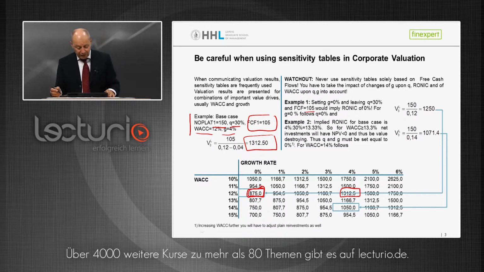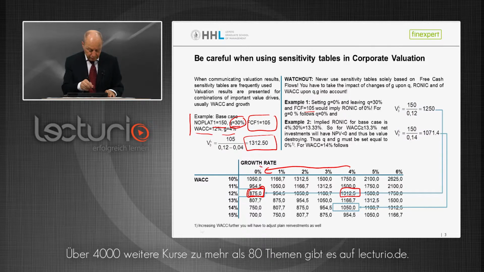Why? It does not take into account that if we reduce our growth rate from 4% down to 0%, that means that we still retain 30% of our earnings. From 150, 45 are still retained to get the same free cash flow, and these 45 are not creating any growth.